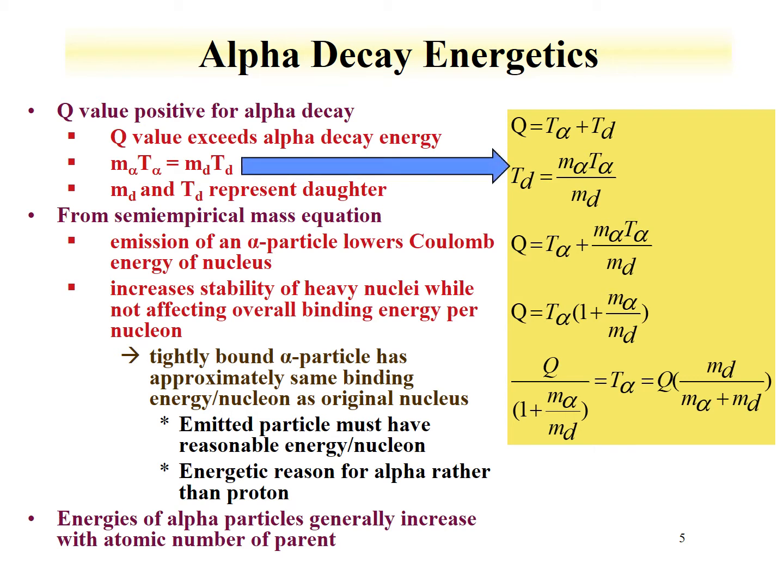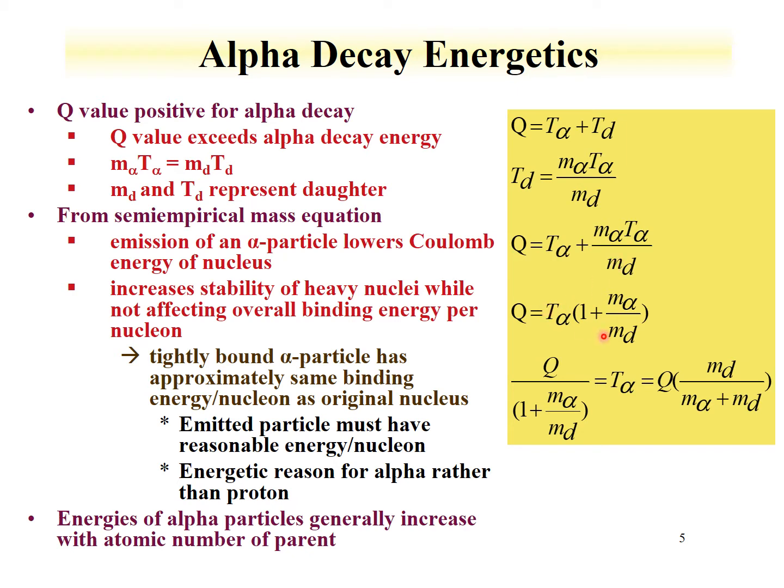We can rearrange this equation and solve for the kinetic energy of the daughter as a function of the mass of the alpha, the kinetic energy of the alpha, and the mass of the daughter. We can substitute this into the Q value equation, and we get a relationship in terms of the kinetic energy of the alpha and the masses of the alpha and the daughter.